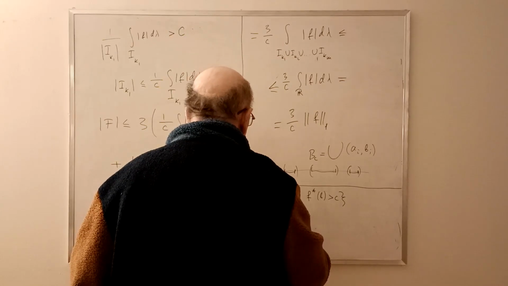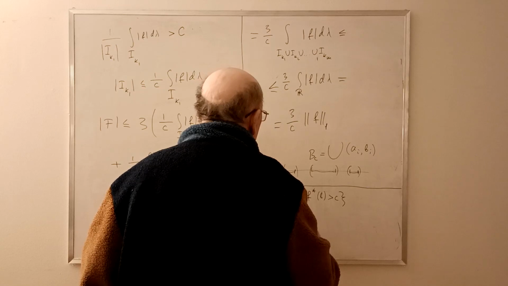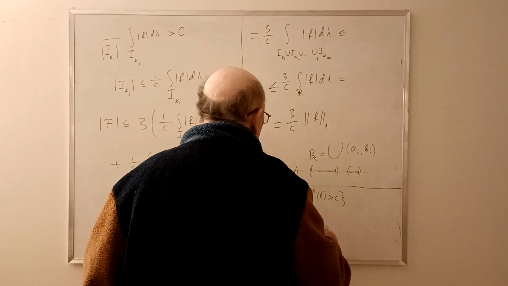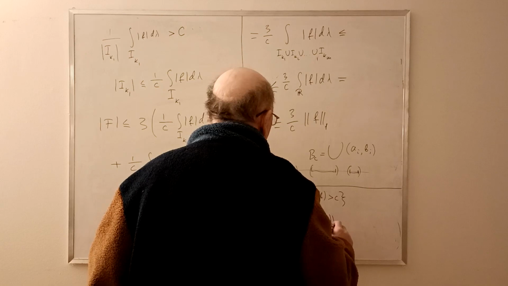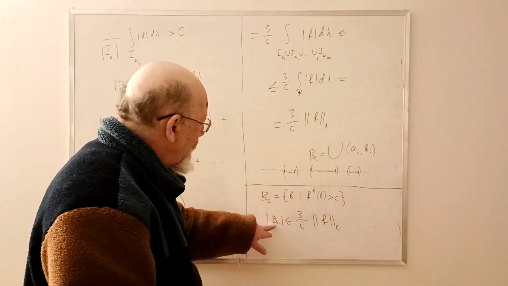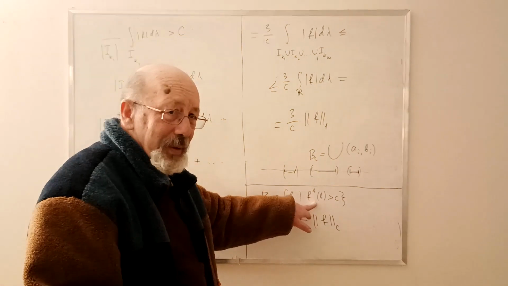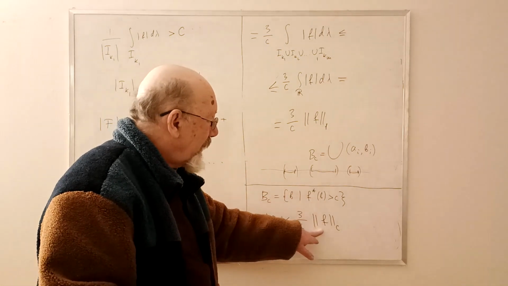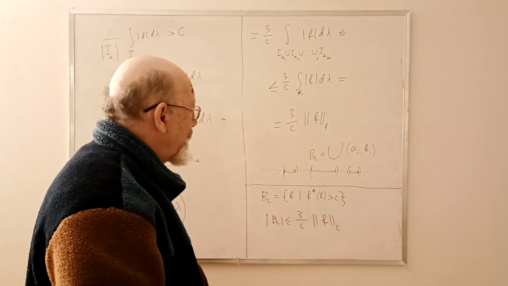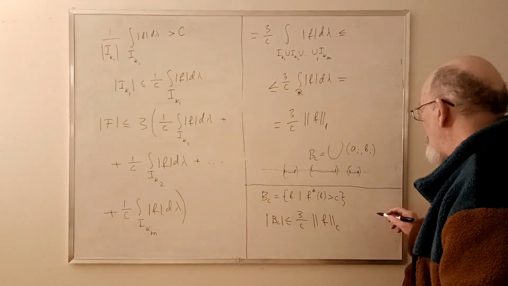And we have the following estimate, that the outer measure of B_c is less or equal than 3 over c norm f. So it is some connection between the properties of f star, the maximal function, and the function f itself, its L1 norm.